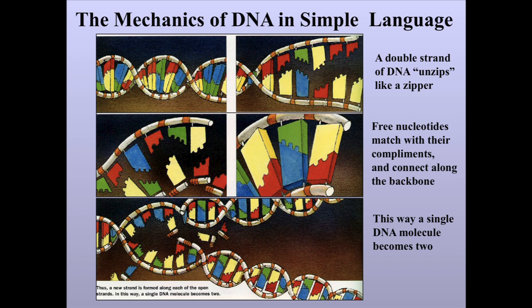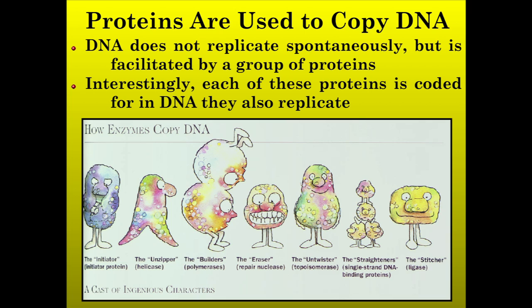So the DNA is copied as the double strand sort of unzips, like a zipper, exposing a template on each side so that A's will match with T's and G's will match with C's, and therefore this template and that template are copied exactly. But wait a minute, that sounds so easy.